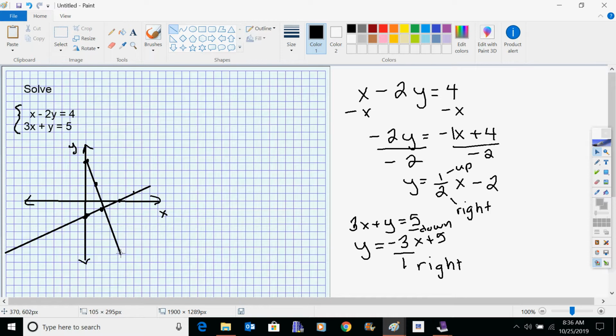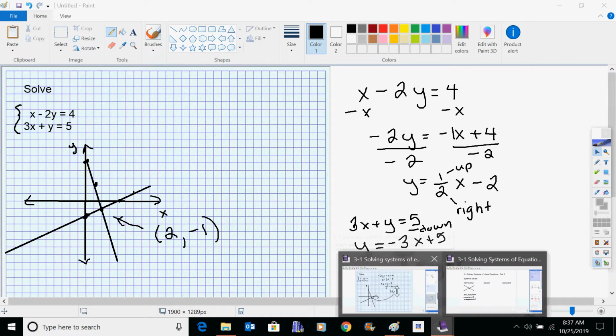And so our solution is the point of intersection, which in this case is what? 2, negative 1. Great. So this is our case where we solve it, we get a point of intersection, and so our solution is 2, negative 1. It should work in both of the equations.